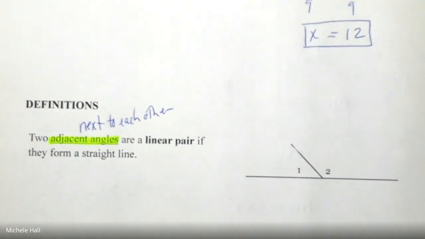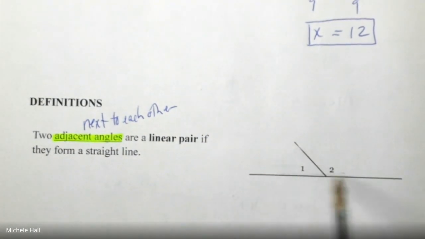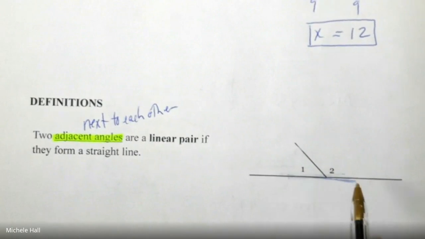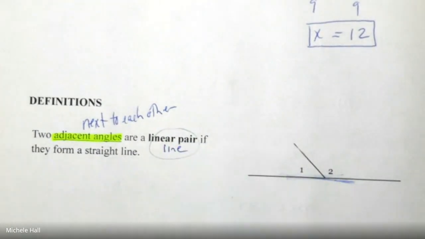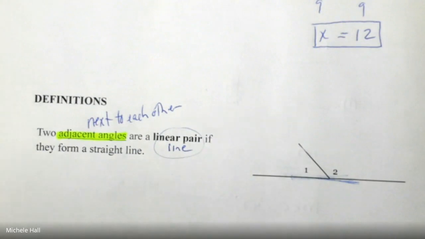That's important because the next one is not about being next to each other. Adjacent angles make up a linear pair, a line. Okay, so a linear pair is a line. A linear pair, the root word in linear is line. So 2 adjacent angles, they form a line.